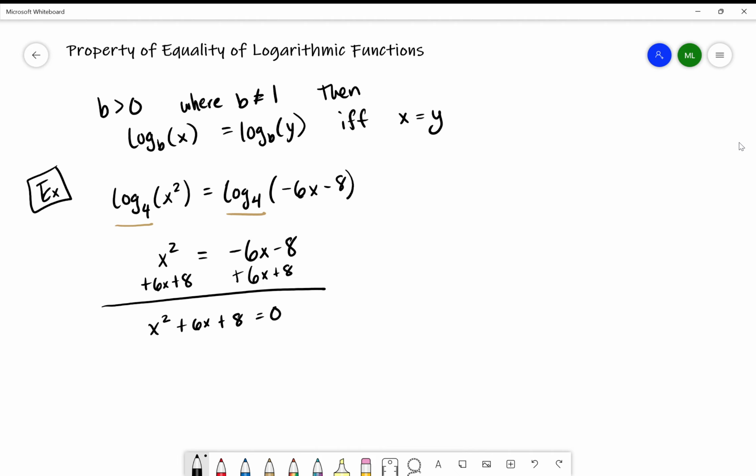So we need two numbers that multiply to get 8 but add together to get 6. We're looking at 4 and 2, so x plus 4 times x plus 2 is equal to 0.